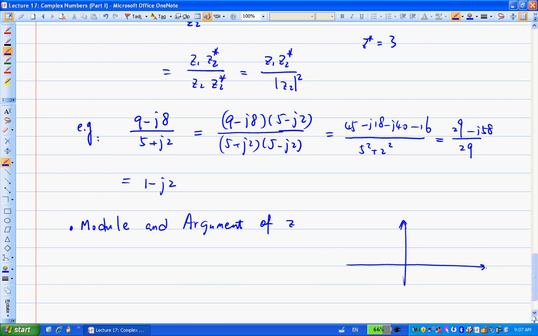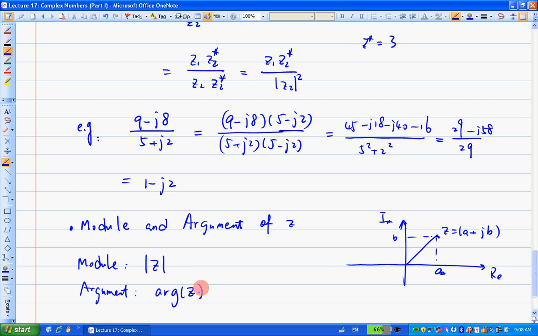Let me use this complex plane to illustrate this idea. The magnitude is basically its absolute value, |z|. And the argument, notice the word argument here, represents the position of z.